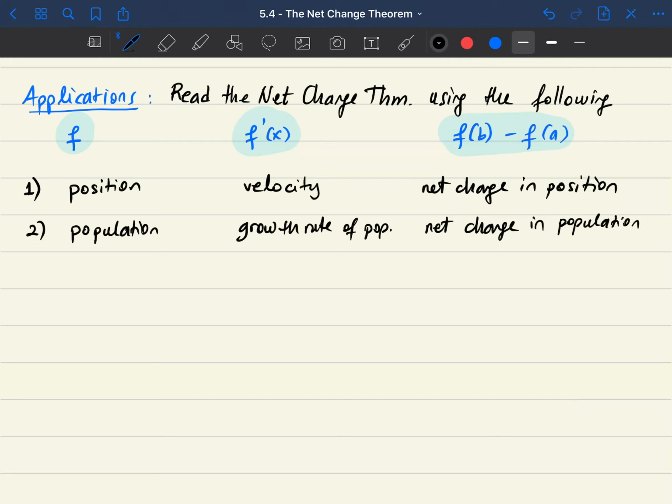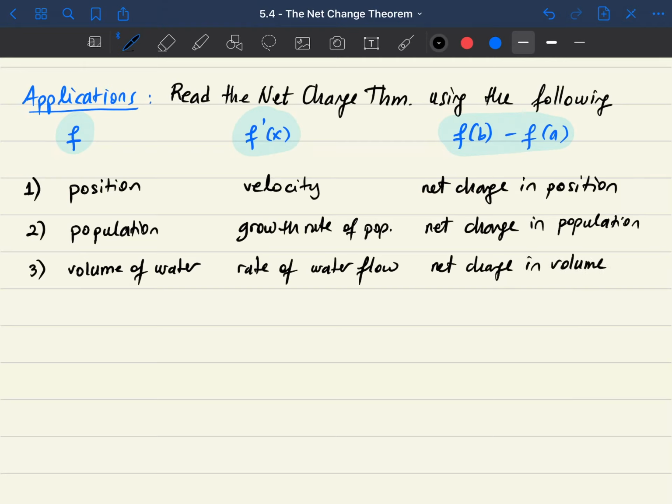So let me give you two more. So for example, if you have that f is the volume of water, then the derivative of the volume is the rate of the water flow. Then the integral of the rate of water flow is the net change in the volume of the water.